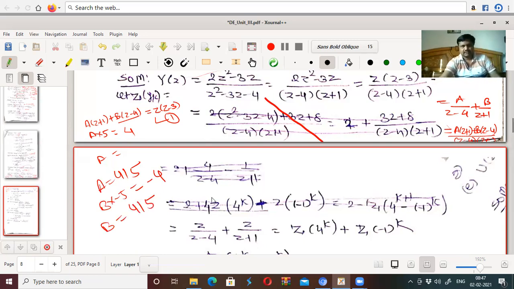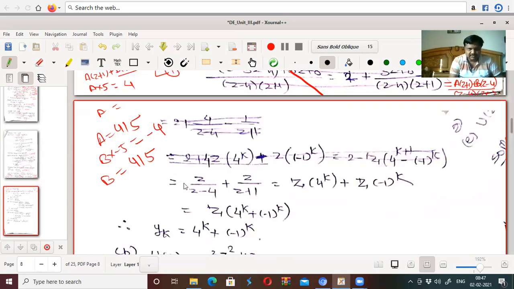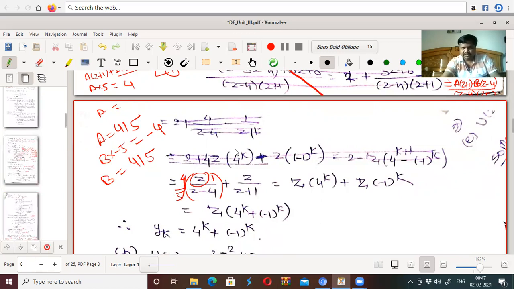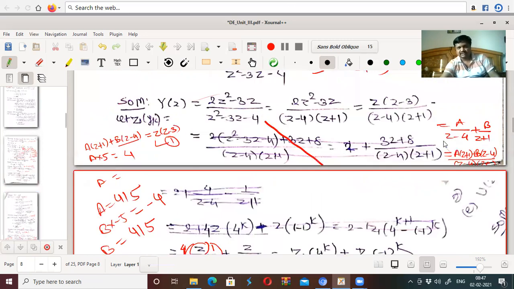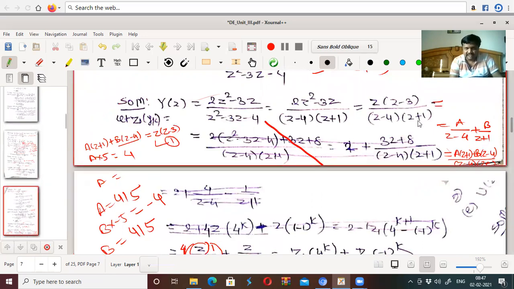Okay, right. Now what does this become? It will not be there because there will not be z. So actually, it is z square. So z into z minus 3 upon z minus 4 into z plus 1 can be written as, both numerator and denominator, the power is same.